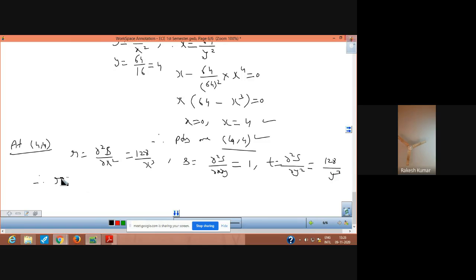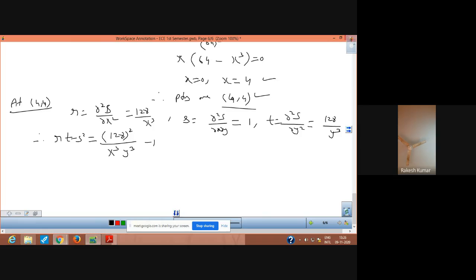Therefore rt minus s square comes out to be 128 square over x cube y cube minus 1. This is the value, and at the point 4 4, this value comes out to be 3.